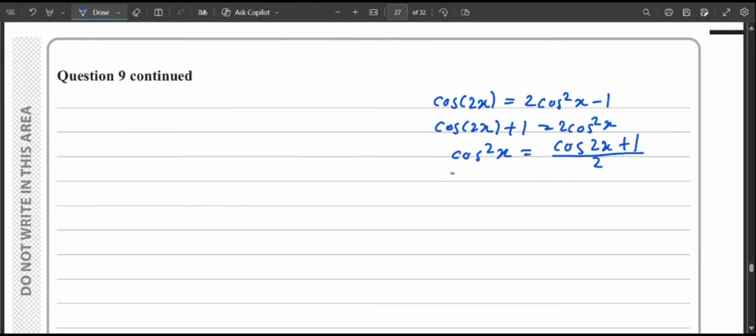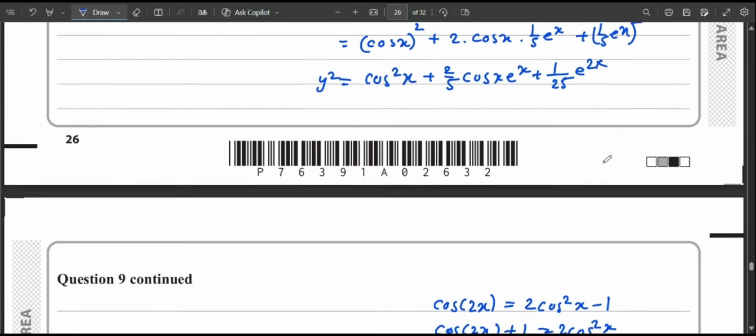The special feature of this equation is that cos square x is equal to a linear expression, cos 2x plus 1 divided by 2. So we can replace cos square x with cos 2x plus 1 divided by 2 in our expression.